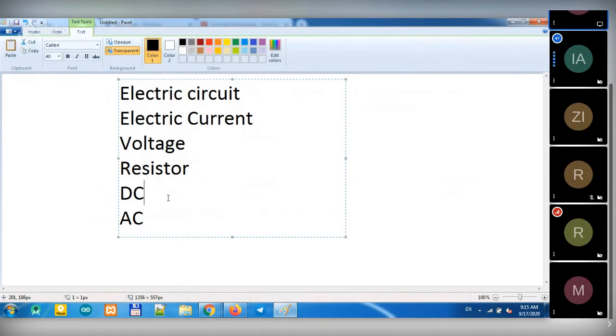It will always give you the same current. And AC is alternating current. It moves back and forth, so it will change the voltage. It will not always give you the same voltage number, but it's good for carrying electricity over long distances.